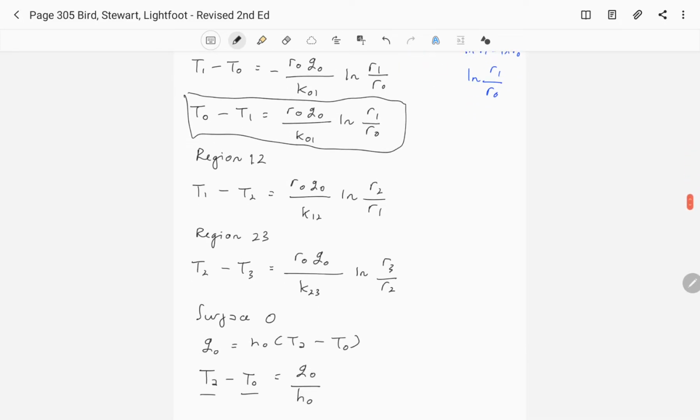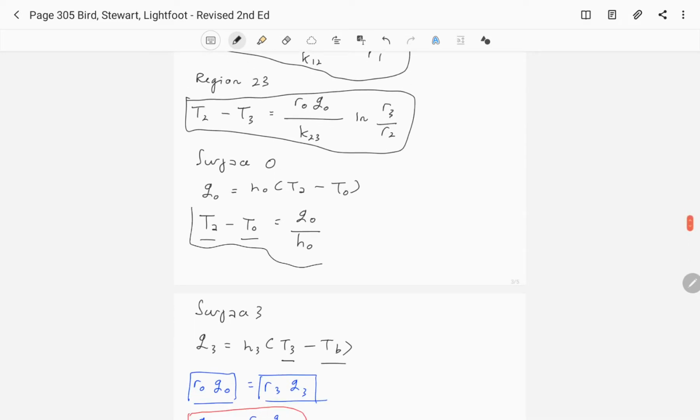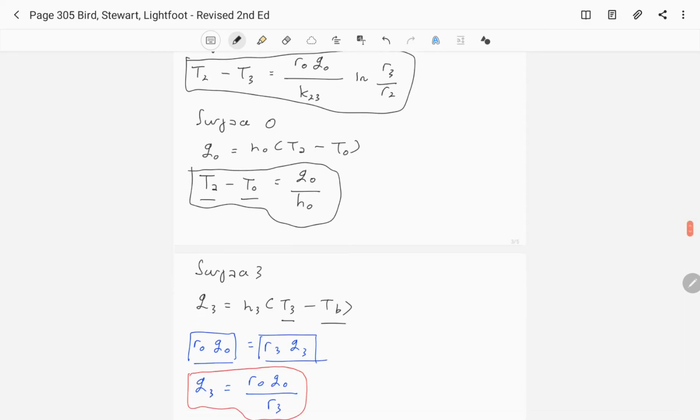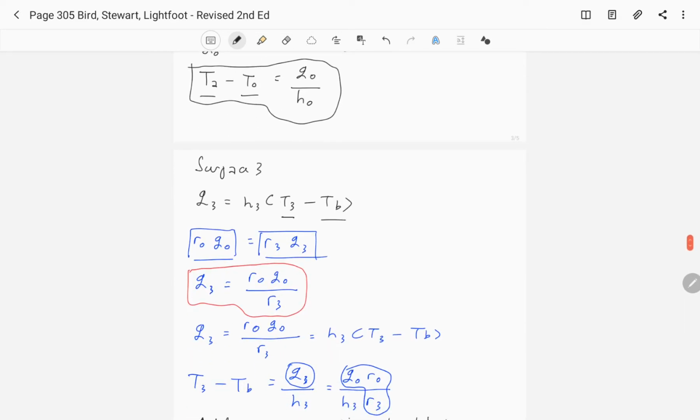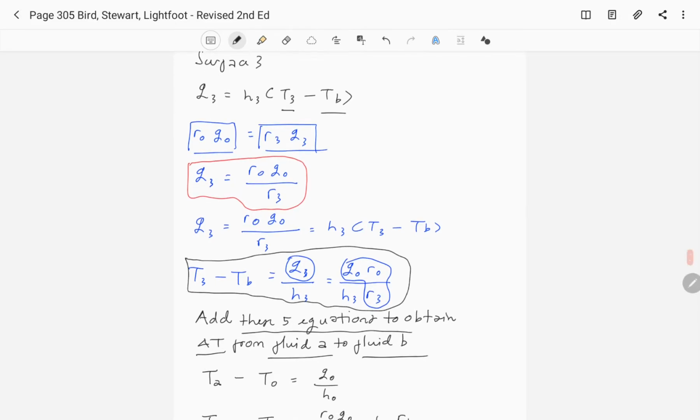We are adding it with the region 1, 2, and then region 2, 3, plus the one on the surface 0 or the innermost surface, and then the surface 3 or the one on the outermost surface.